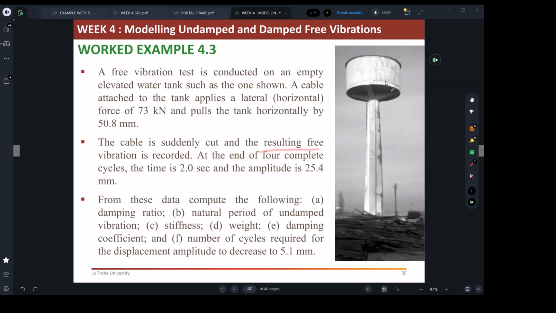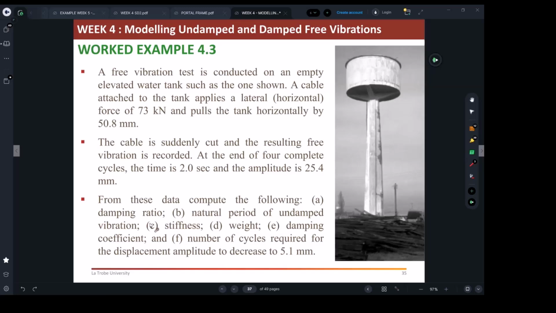What's going to happen to your structure is it's going to freely vibrate. You're going to need enough displacement or acceleration sensors to tell you what happens over the various cycles, when it's starting and when it's ending. From these data, you need to measure and estimate all those parameters.